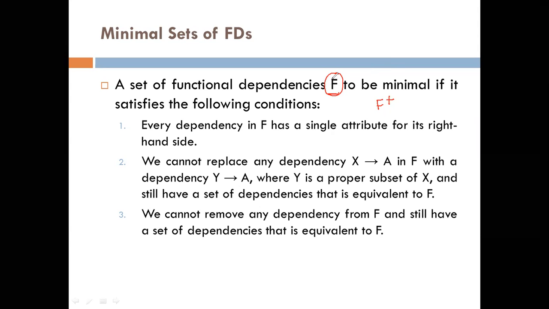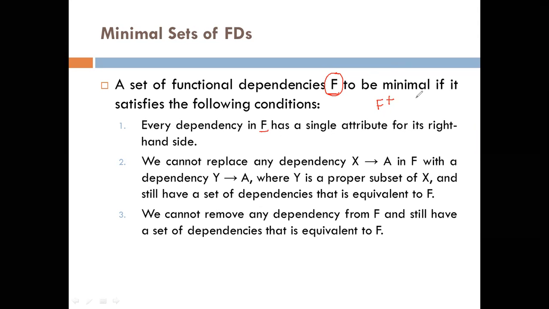A set of functional dependencies F is said to be minimal if these three conditions are satisfied. The first condition is every dependency in F has a single attribute on the right hand side.